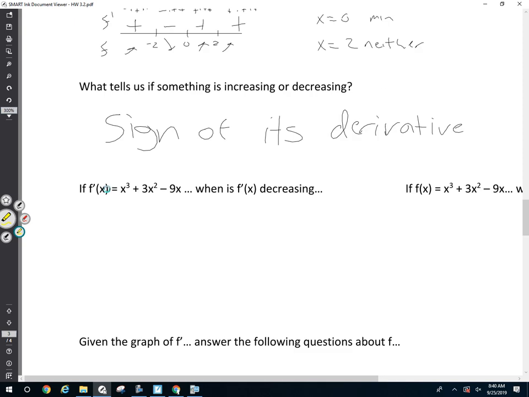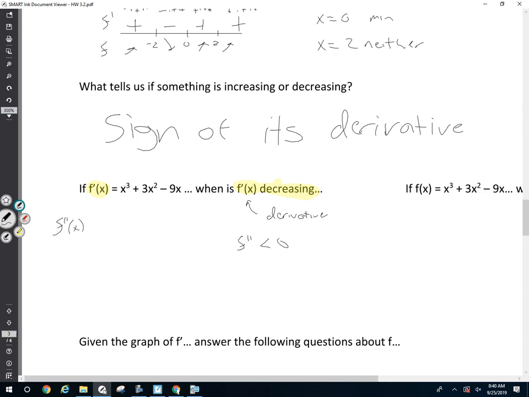If f prime is this, when is f prime decreasing? This is very important. F prime decreases when f prime's derivative, f double prime, is negative. I'll put that. So when is f prime decreasing? Take its derivative.